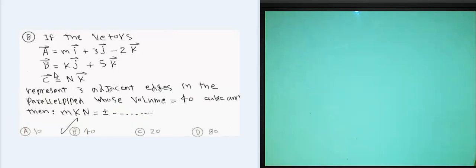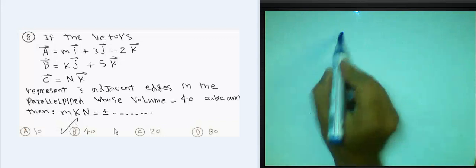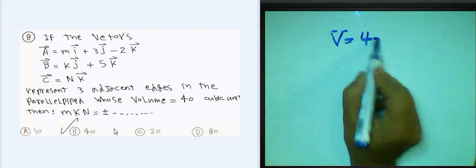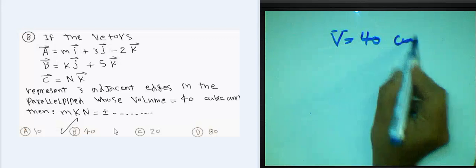The vectors A, B and C represent three adjacent edges of a parallelepiped whose volume is 40 cubic centimeters, then find M times K times N. Okay, it gives us the volume equal to 40 cubic centimeters.